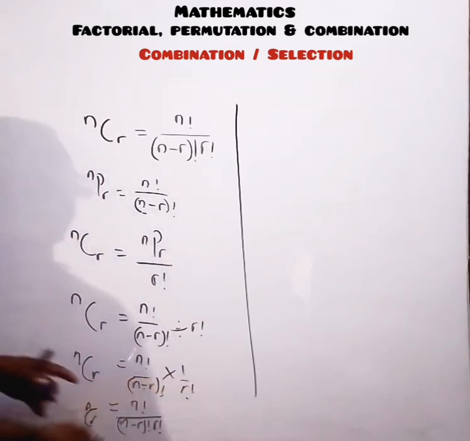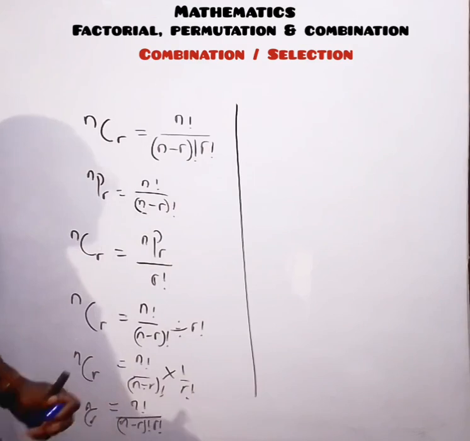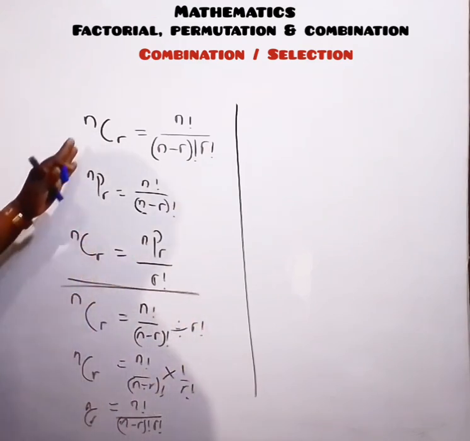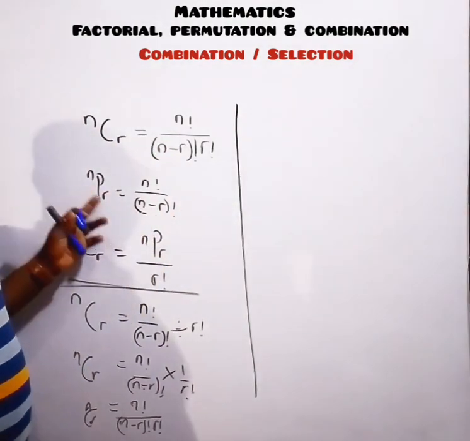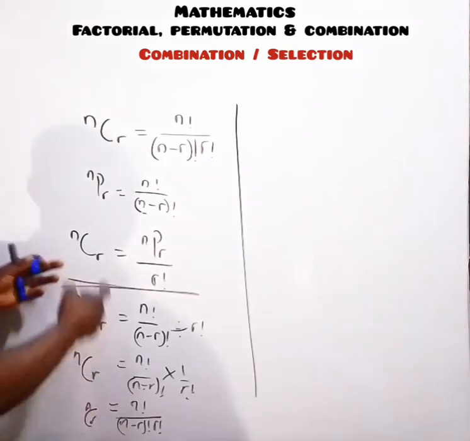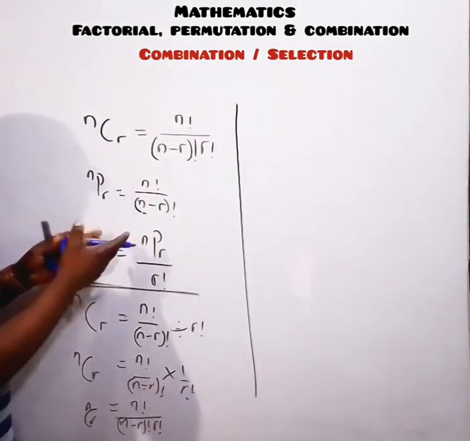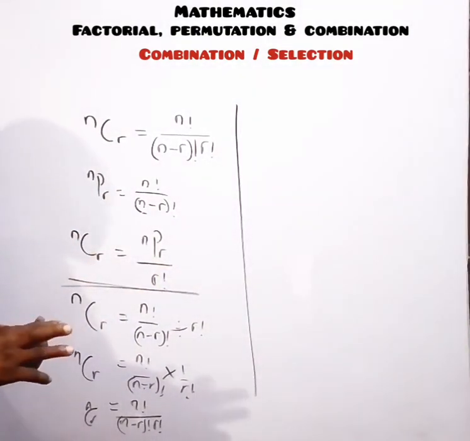You can see when you multiply this r factorial at the denominator. That is the relationship between combination and permutation. n combination r is this formula, where n permutation r gives us this formula. Then the relationship between combination and permutation is the permutation divided by r factorial.